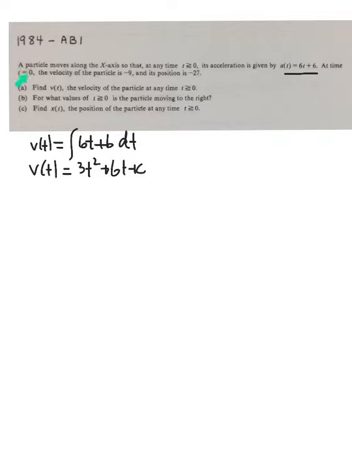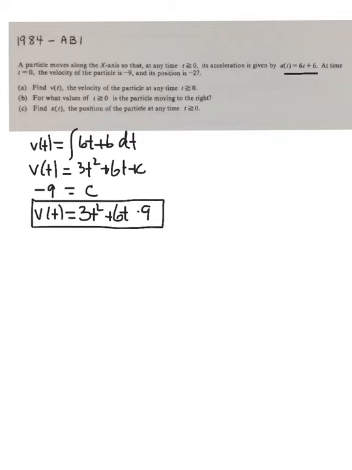So we're going to plug in 0 for t and set it equal to negative 9. So negative 9 equals c, right? Because we're plugging in 0 for all of those t values. All right, so then we've got v of t equals 3t squared plus 6t minus 9. And that's what they want for part A.